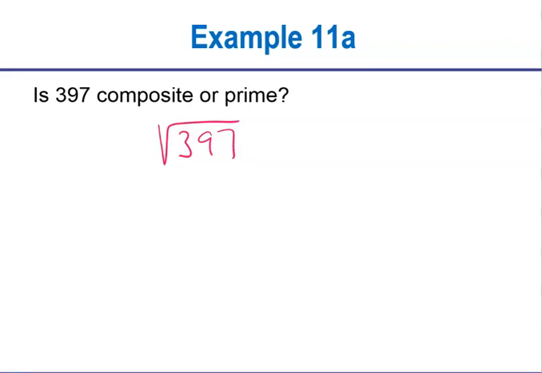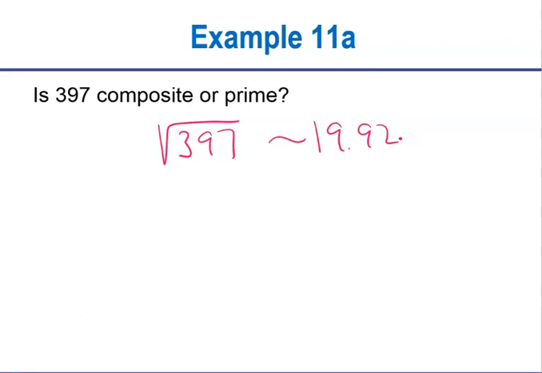The square root of 397 is approximately 19.92.